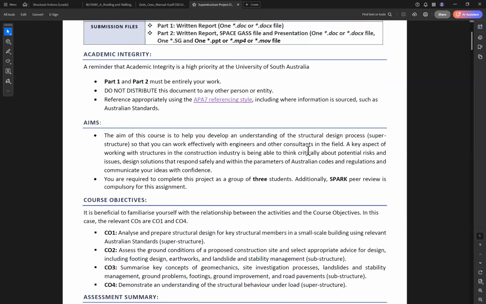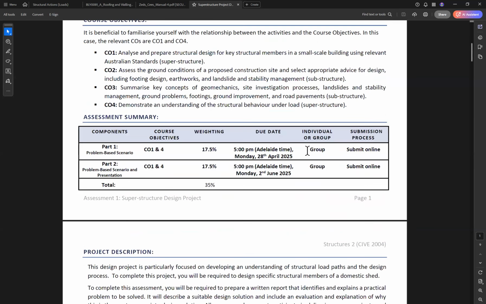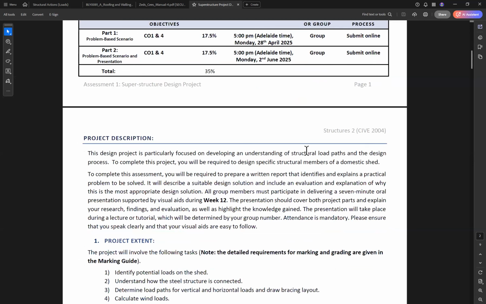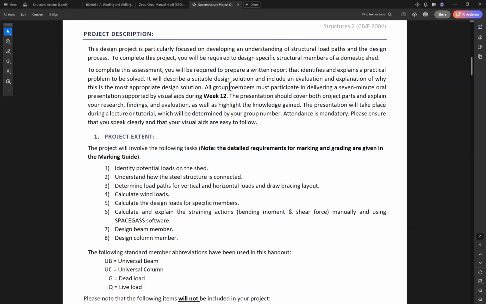So these are some aims and objectives of the course. You can have a look at them. So I will show you the project description. The project description is particularly focused on developing an understanding of the load paths and design process.